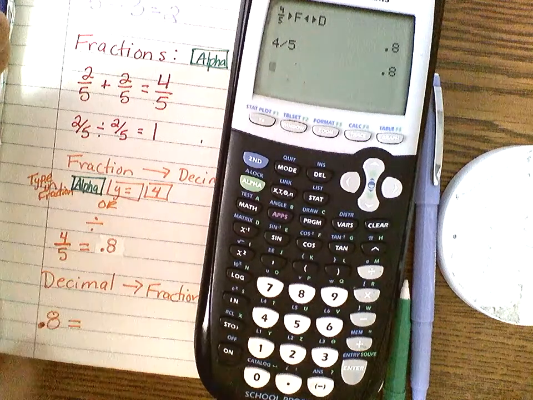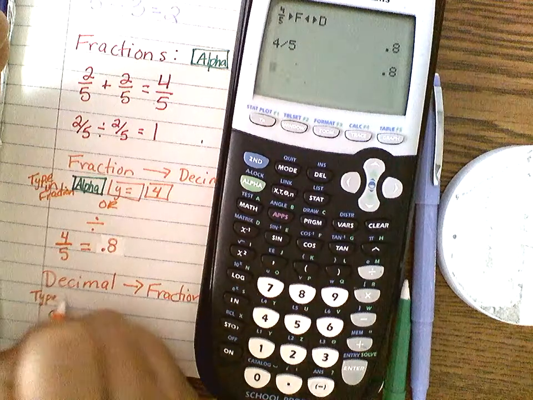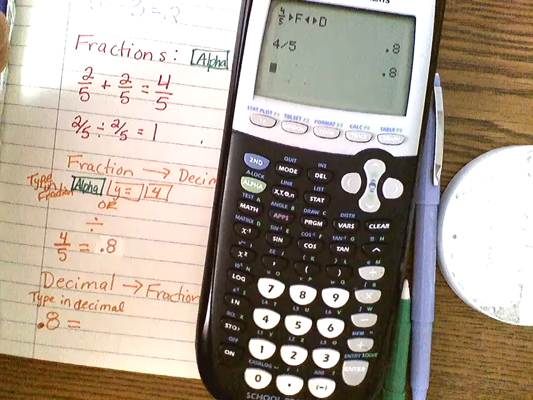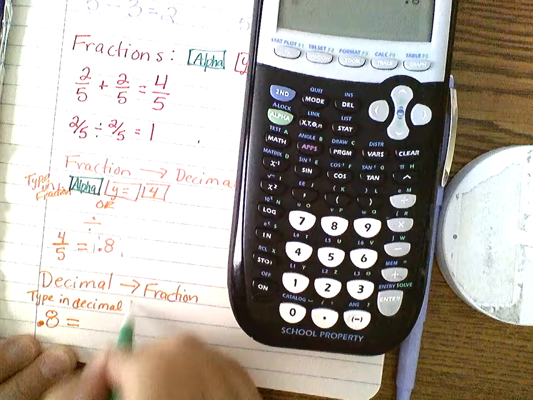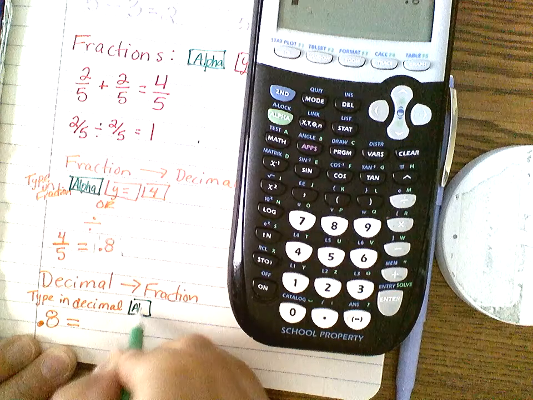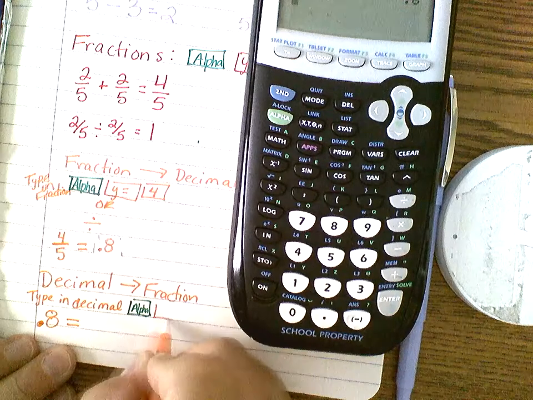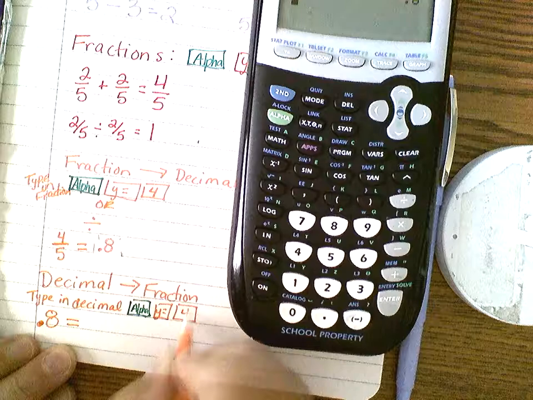We're going to type in our decimal though. And then we press alpha, and then we press y equals, and then we press 4 again.